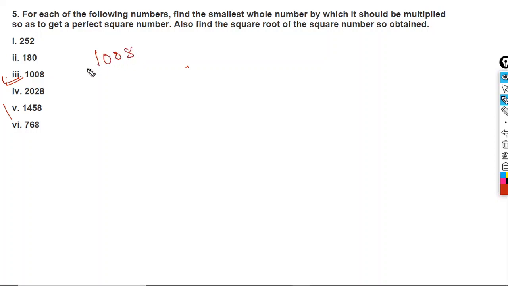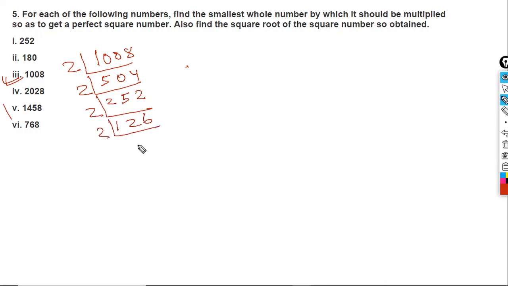1008. So first what we will do? We will find the prime factorization. Okay, so prime factorize it. 2 5s are 10, 2 0, 2 4s are 8. Okay, now again 2 2s are 4, 2 5s are 10, then 2 2s are 4. Again 2 1s are 2, 2 2s are 4, 2 6s are 12.